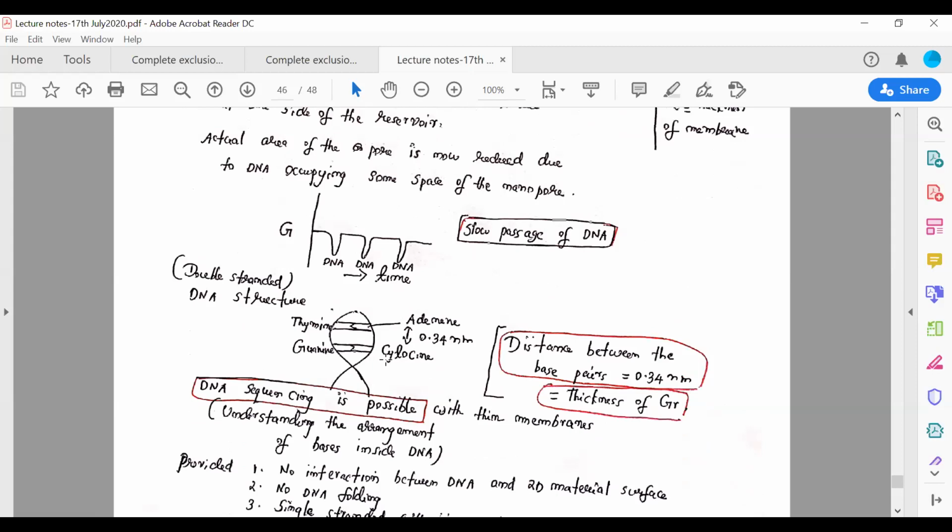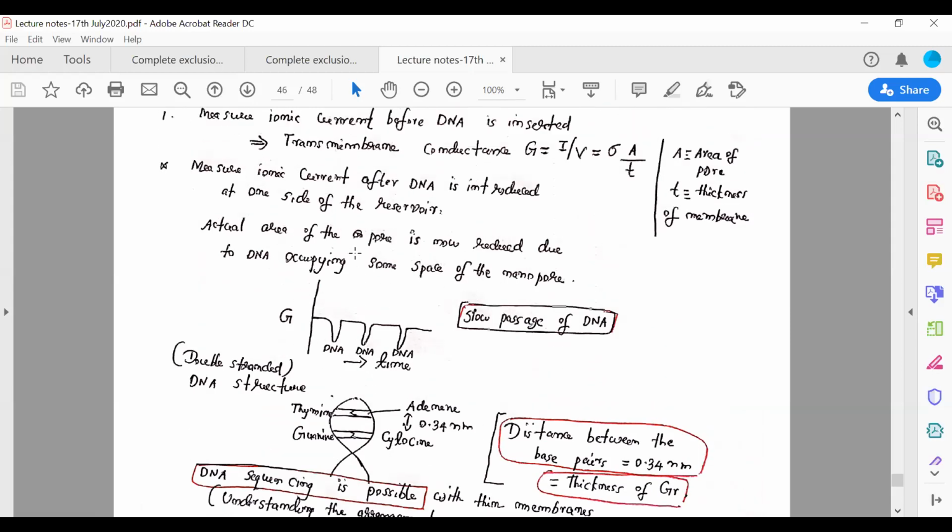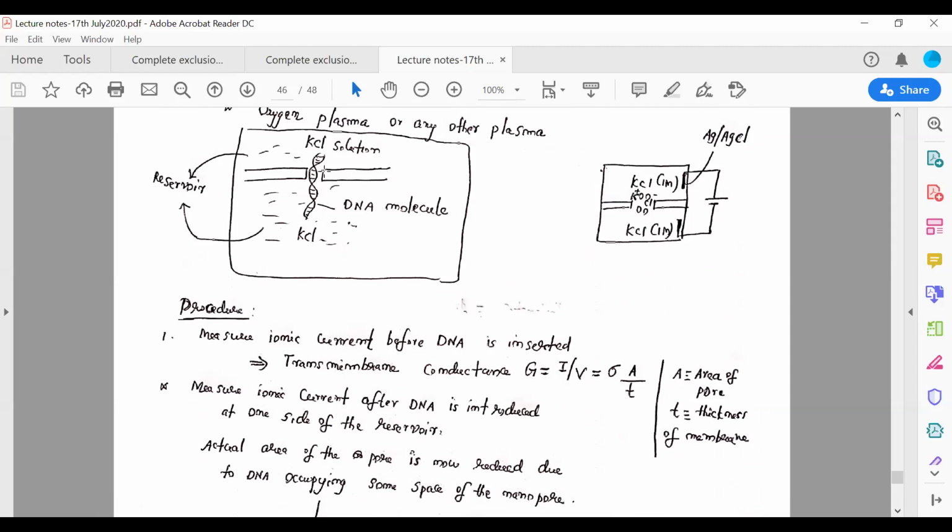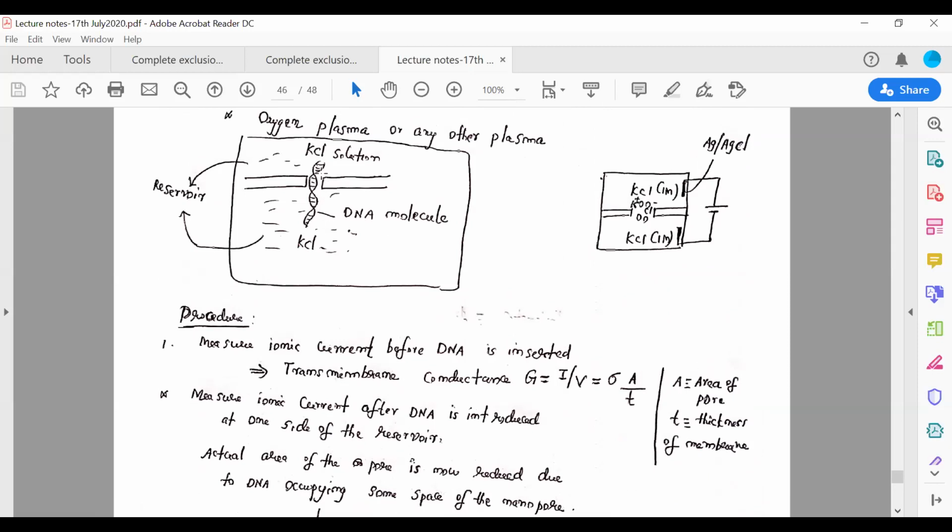Now the assumption is that DNA is negatively charged, so we should make the membrane such that there are no charges here. Suppose it has some charge, because when you make it, you have edges. The process of making a nanopore is kind of destructive.